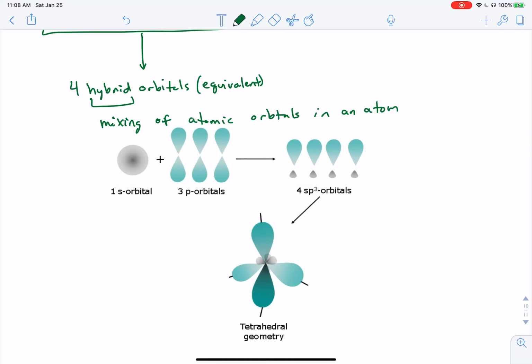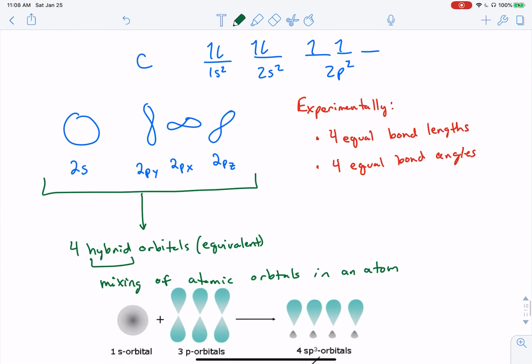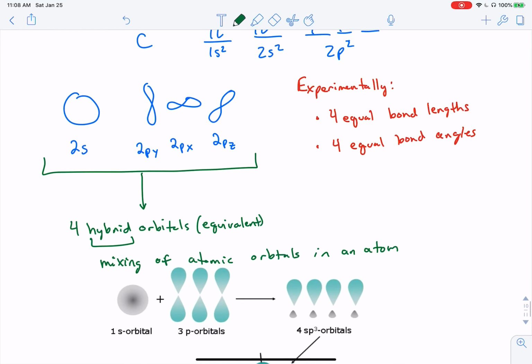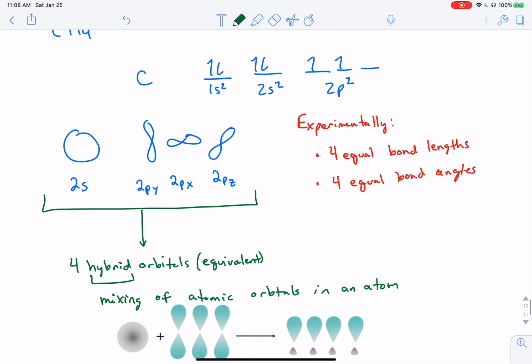And this works out for 2 reasons. 1, they're all identical now, so they're the same bond length. And 2, there's another issue with the way the electrons in carbon are organized. Are the valence electrons in carbon originally organized in a way that you could bond 4 times? They are not, because the s and the p orbitals have different energies.